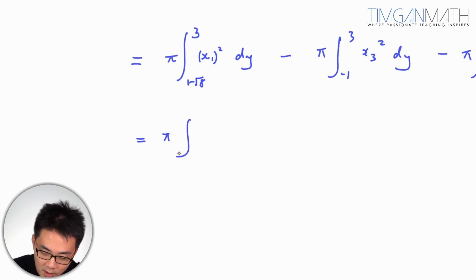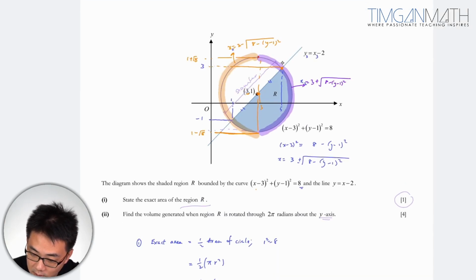So pi, 1 minus root 8 to 3, x1 squared. X1 is this one here. So it's 3 plus root 8 minus (y minus 1) squared. Oh, it's a lot of things.